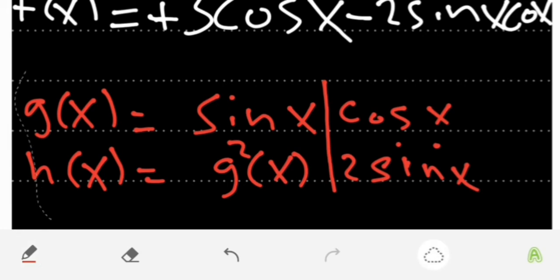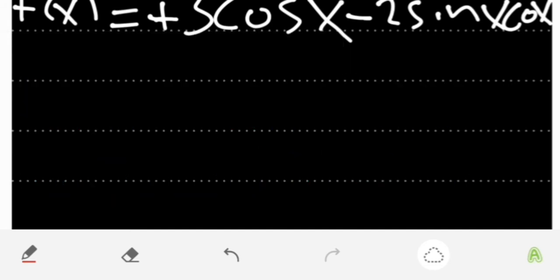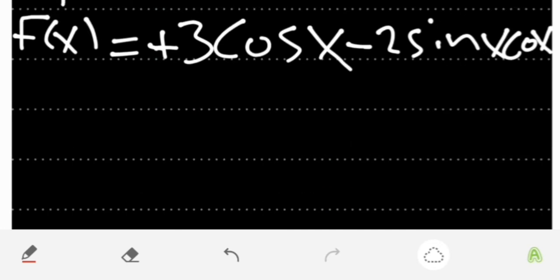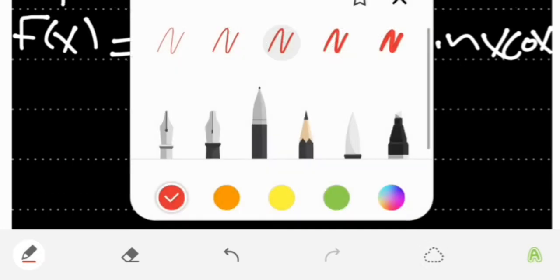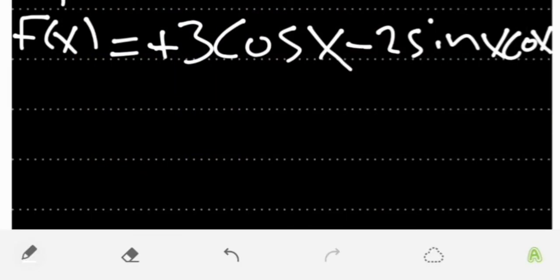One second, let me just disappear with this part over here. So this was just a review, and now let's go back to solving. So if we want to find maximum and minimum, we say that the derivative is equal to 0, right?